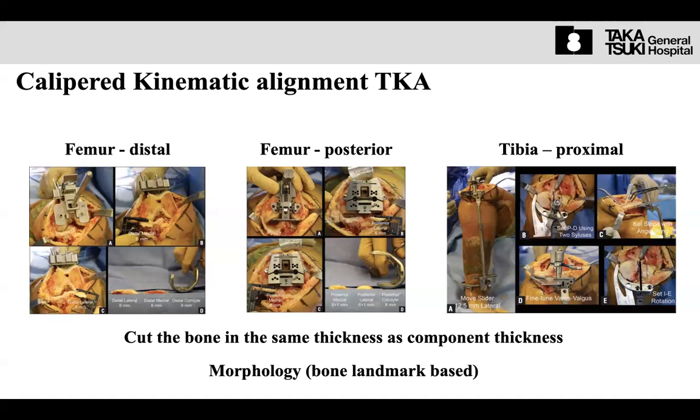But in most cases the posterior cartilage is intact. So after the posterior cut, when you measure the thickness, it should be 8 and 8. That is ideal. But sometimes, due to some reasons, one being inaccurate placement of the paddle, or saw blade skiving, the cut is thinner or thicker.